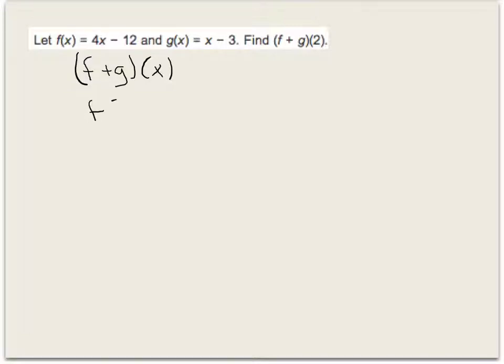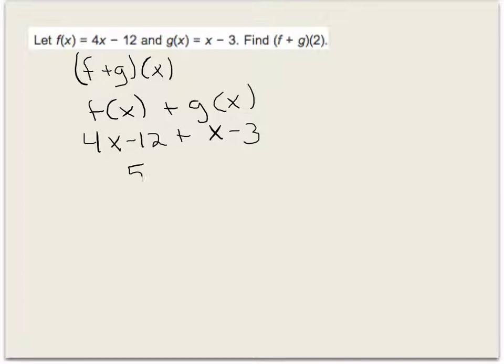I have f of x plus g of x, where f of x is 4x minus 12, and g of x is x minus 3. Combine like terms, I get 5x minus 15. So that's f plus g of x.